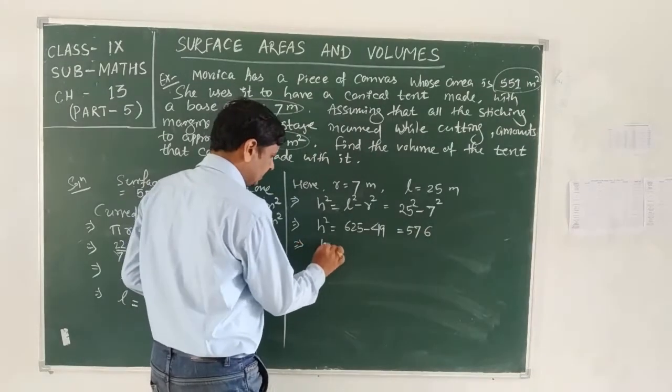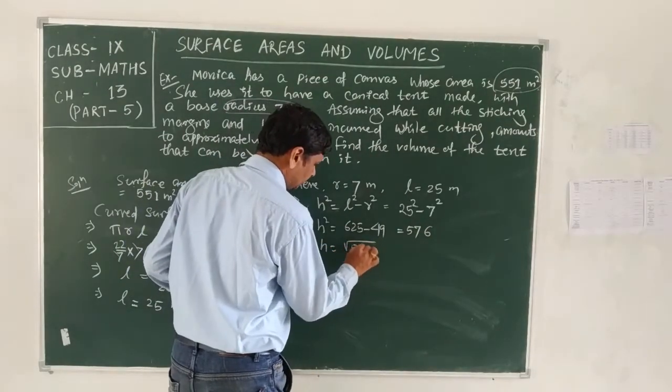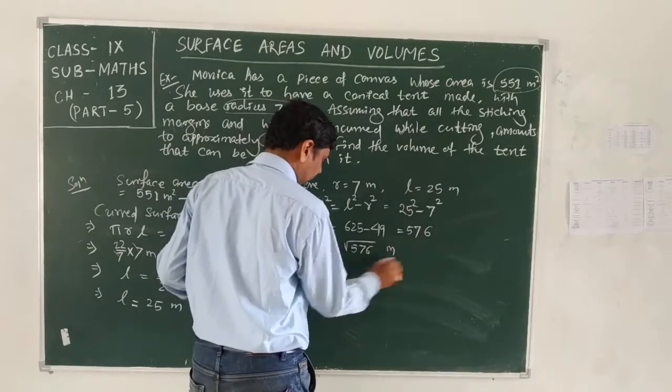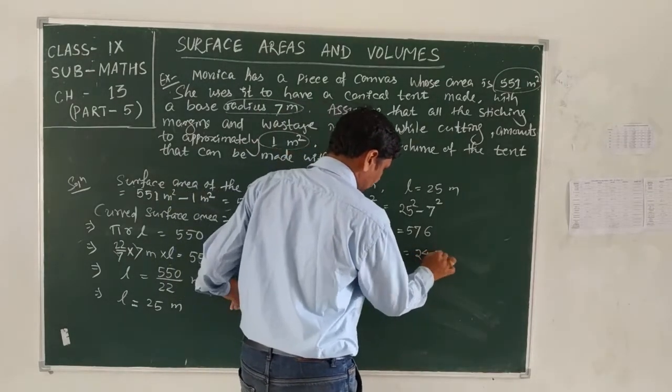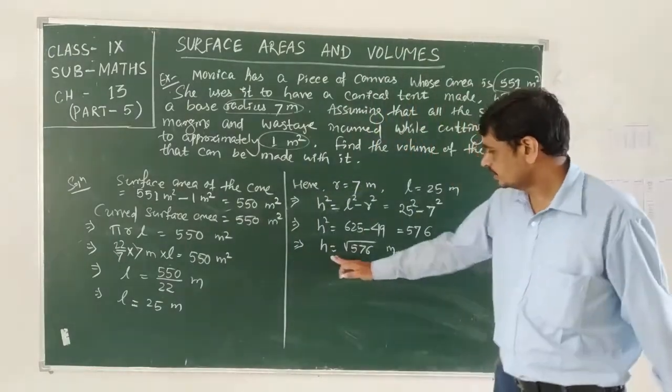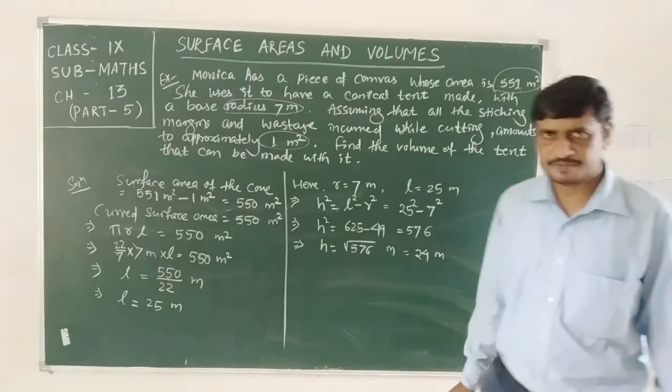This implies height becomes root of 576 meters, which is equal to 24 meters. Here we got the height of the pole as 24 meters.